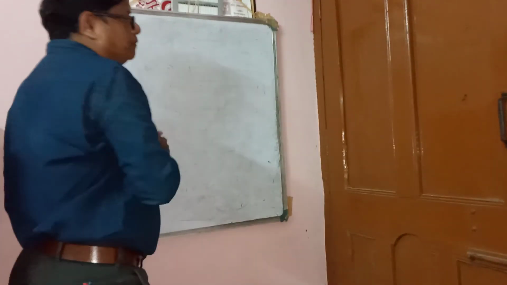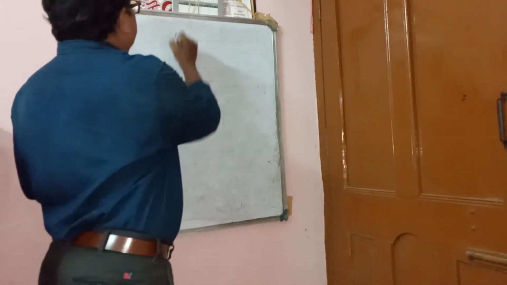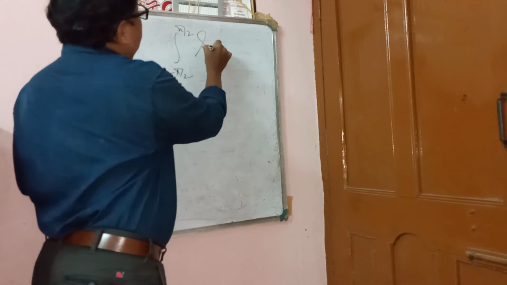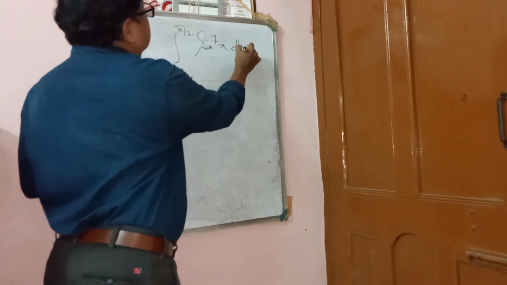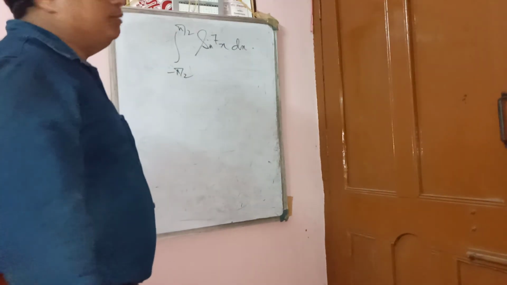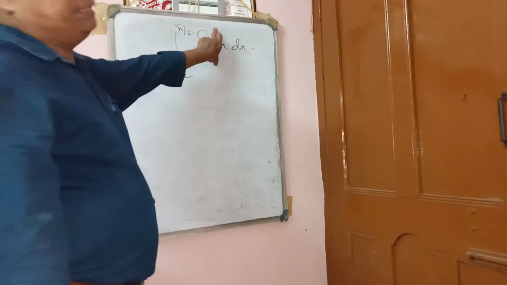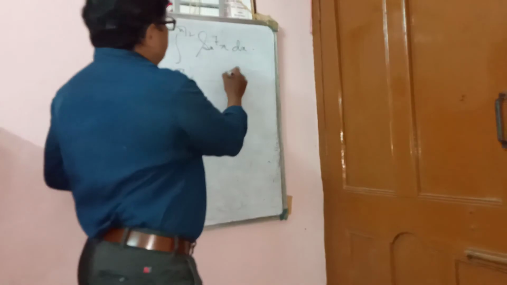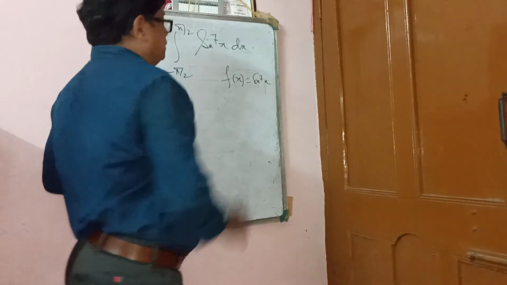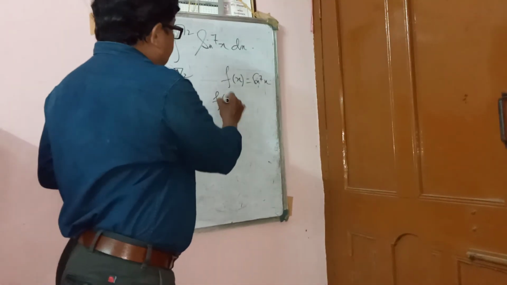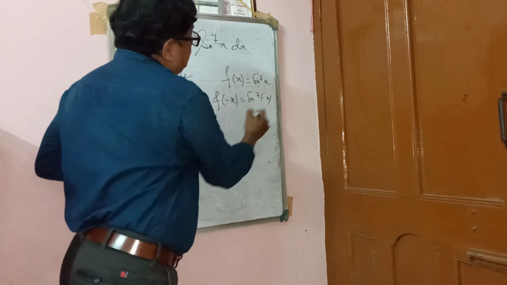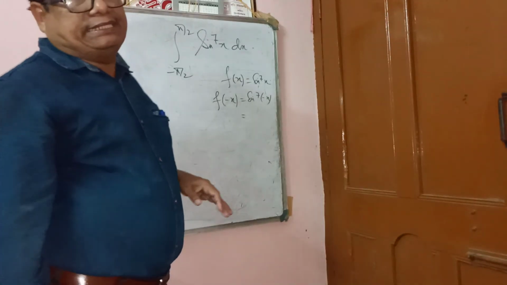Suppose we are integrating from minus pi by 2 to plus pi by 2 of sin to the power 7x dx. What is the result? Yes, good. The answer will be 0. See, this is an odd function. f of x is sin to the power 7x. If we put f of minus x, sin to the power 7 of minus x, so sin of minus theta is minus sin theta.